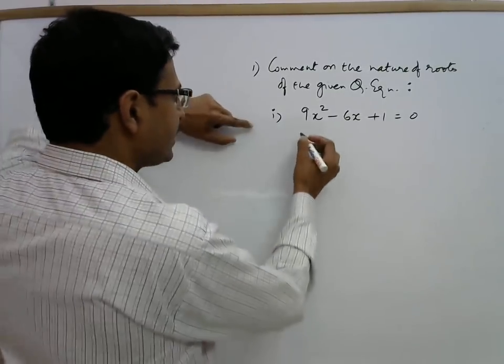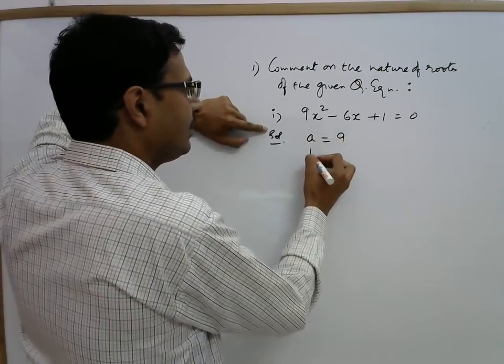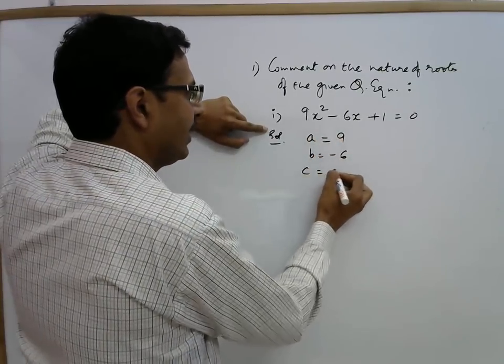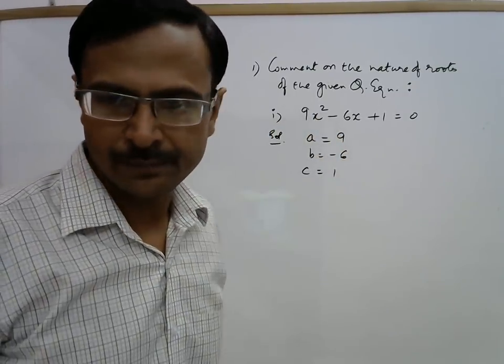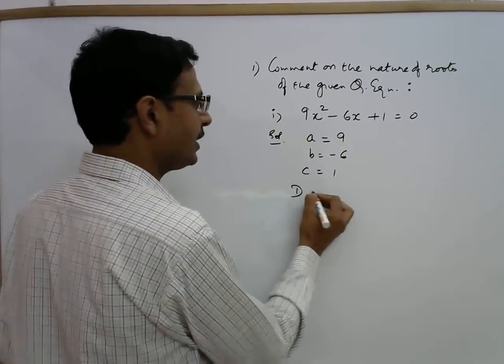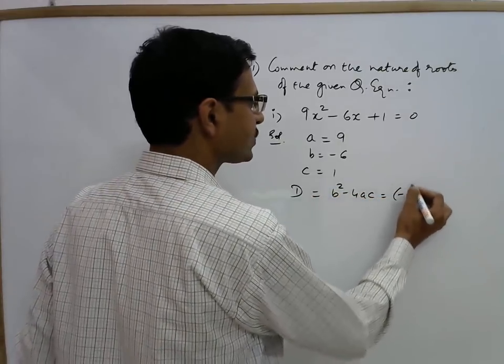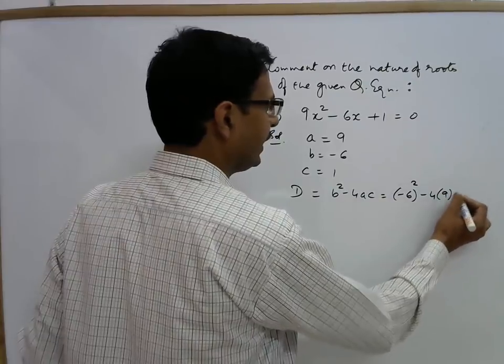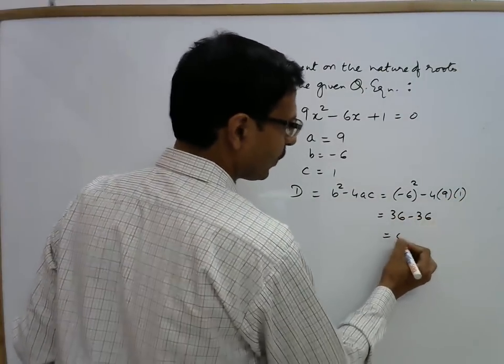In the solution, just write the values of a = 9, b = -6 and c = 1, the coefficients of x square, x and the constant term. Then find the value of the discriminant, b square minus 4ac. Putting in the values, (-6) square minus 4 times 9 times 1, so this is 36 minus 36, which is 0.